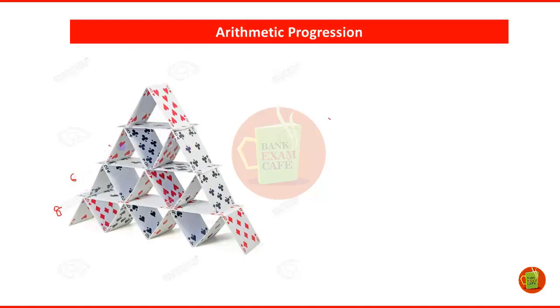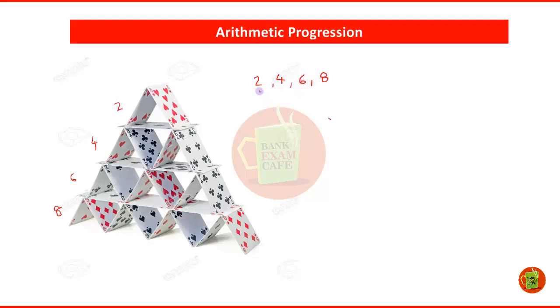Here in the upper one 4 cards are used, and here in the upper one 2 cards are used. So if you see from the top side, the numbers are 2, 4, 6, 8.